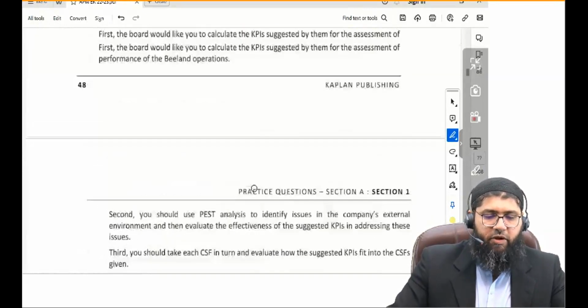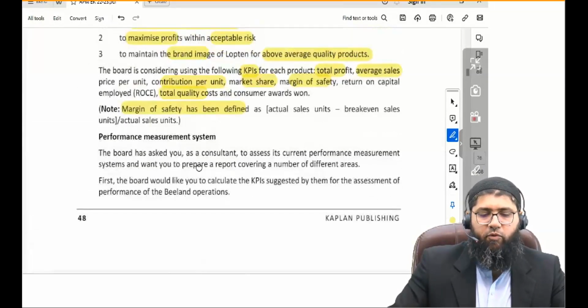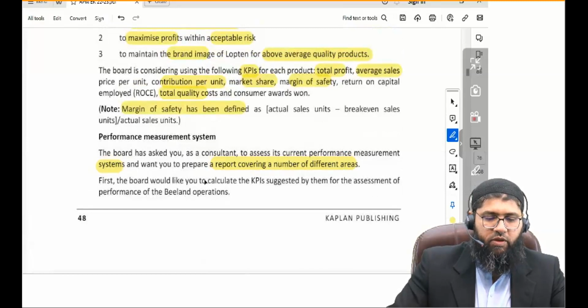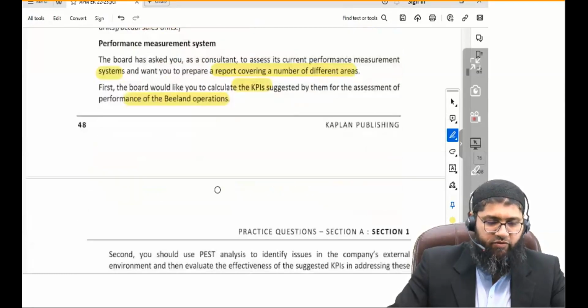Then it talks about the performance measurement system. It says the board has asked you as a consultant to assess its current performance measurement systems and prepare a report covering a number of different areas. First, the board wants you to calculate the KPIs suggested by them for the reassessment of the performance of B land operations.